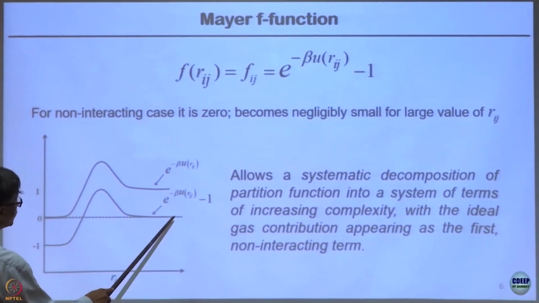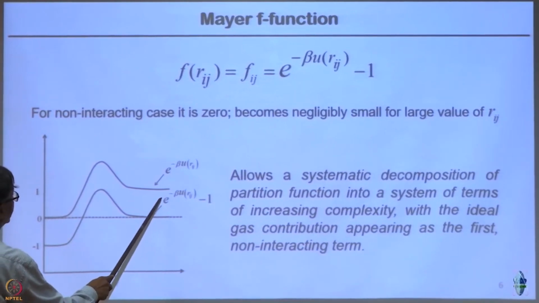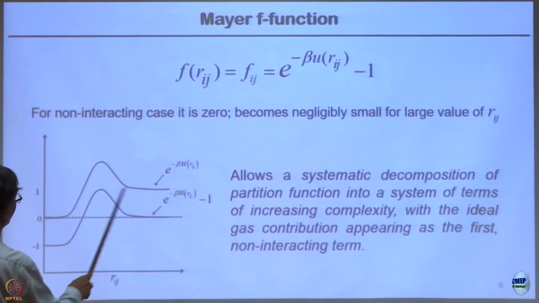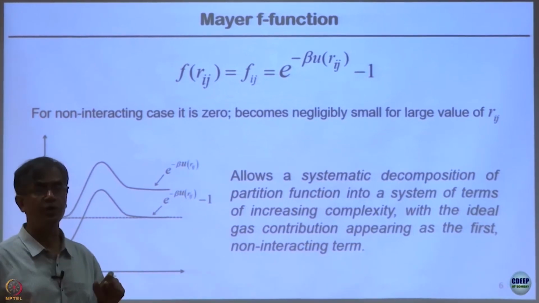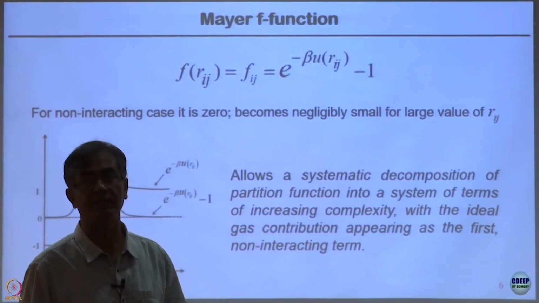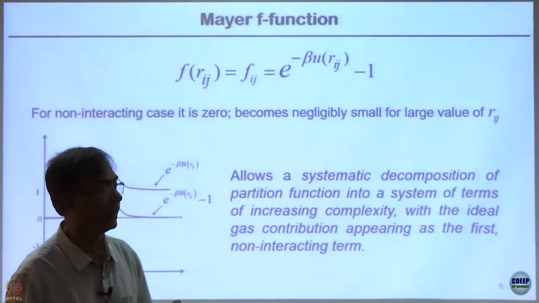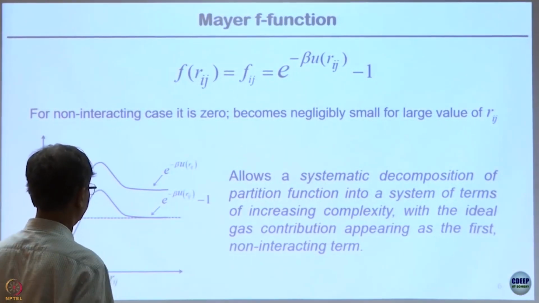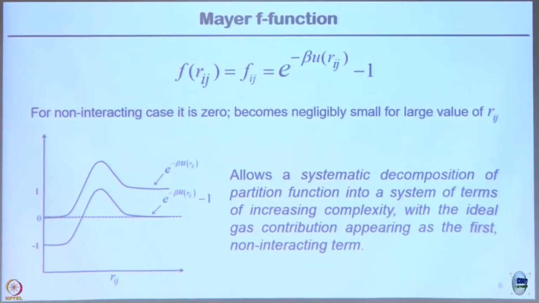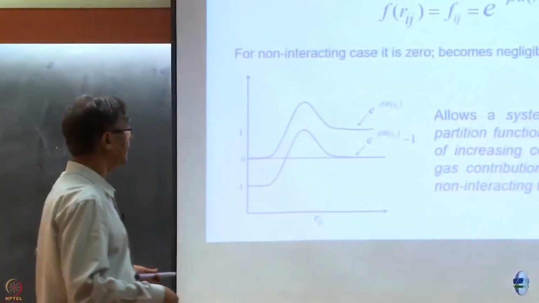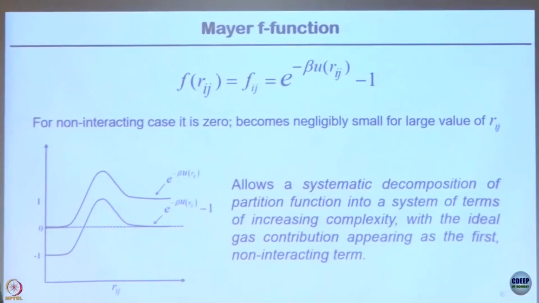So by this transformation, you are removing the divergence, and this allows a systematic decomposition of the partition function, which is fairly trivial, but we will see how it goes to graph theory.